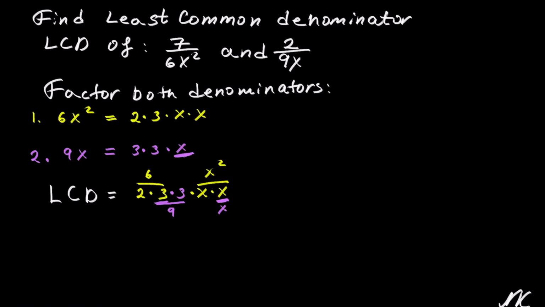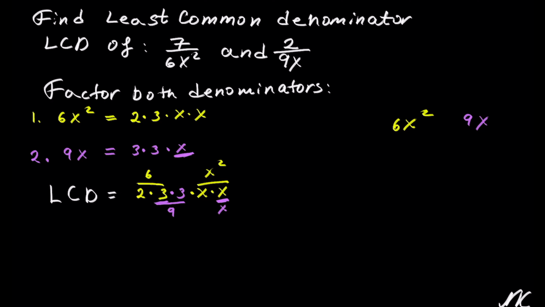There is also a box method, so you list all of the denominators. So we have 6x squared and 9x, and you try to factor as much as possible from each of them.